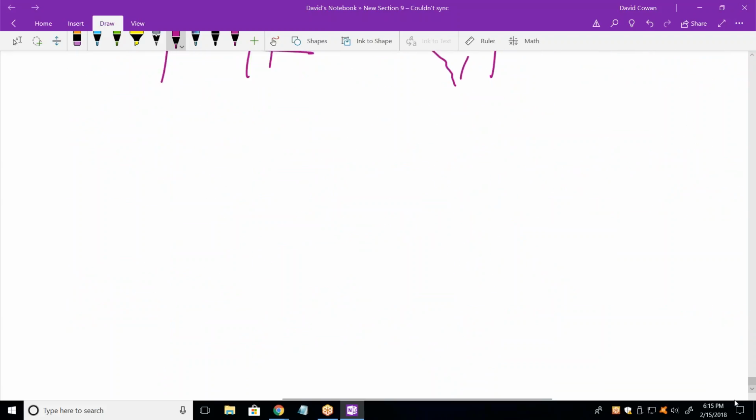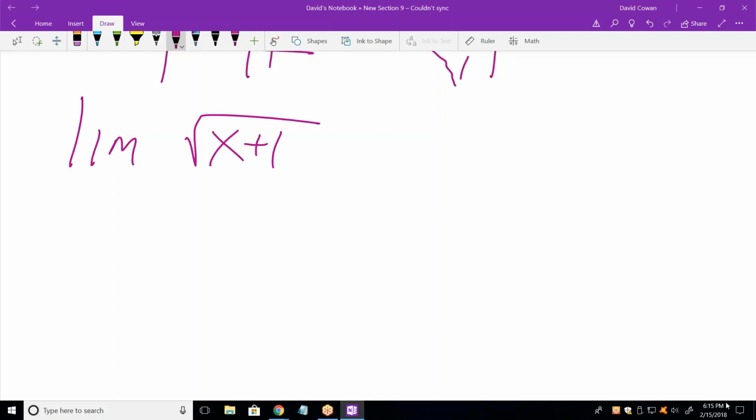Let's see here. This one just says to find the limit analytically of the limit of square root of x plus 1 minus 2, and the minus 2 is outside of the root, over x minus 3, as x goes to 3.